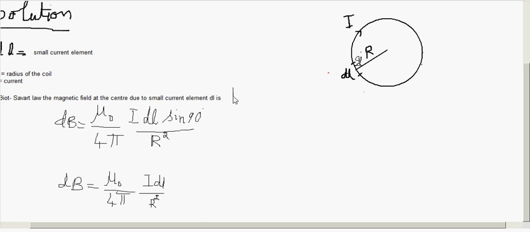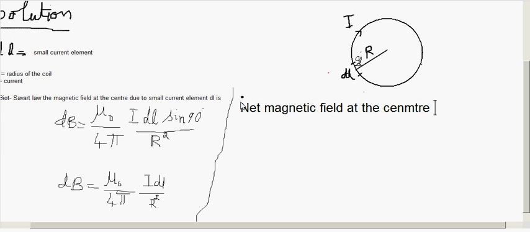So the net magnetic field at the center is given by B equal to the integral of mu naught by 4 pi into I dl divided by r square.